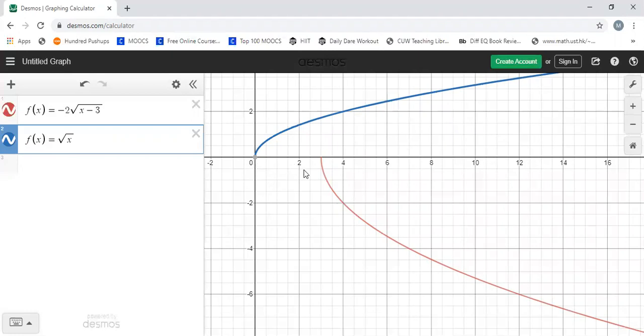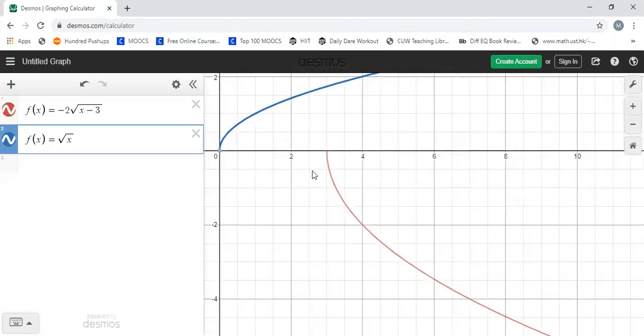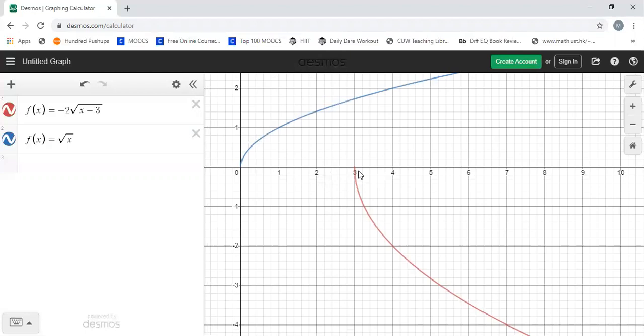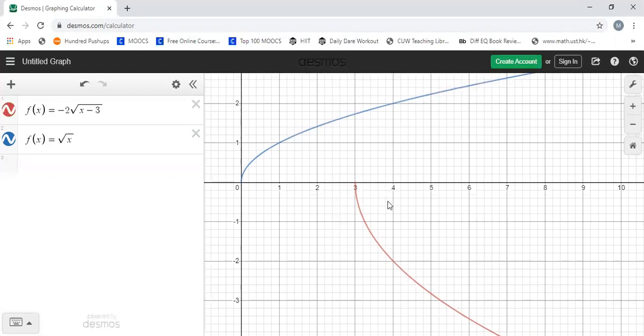And then it's moved 3 units to the right, or you could have said moved positive 3 horizontal units. Hopefully you saw the connection between the movement of the parent function and the equation we're dealing with.